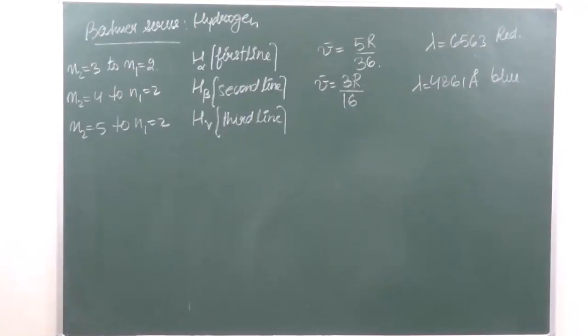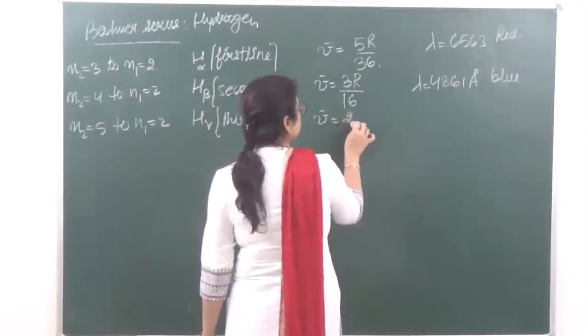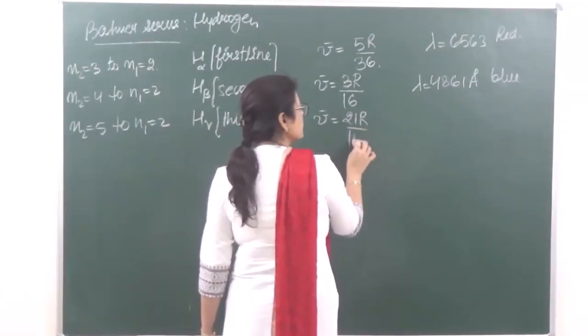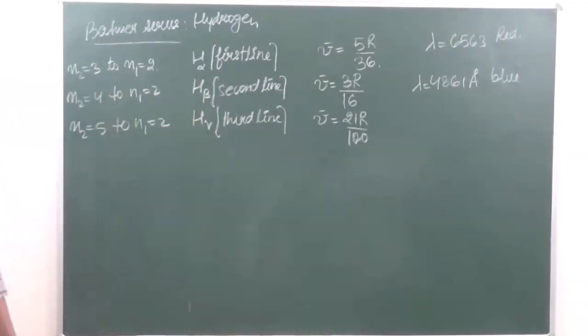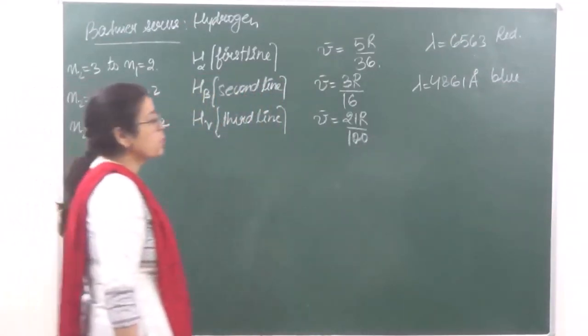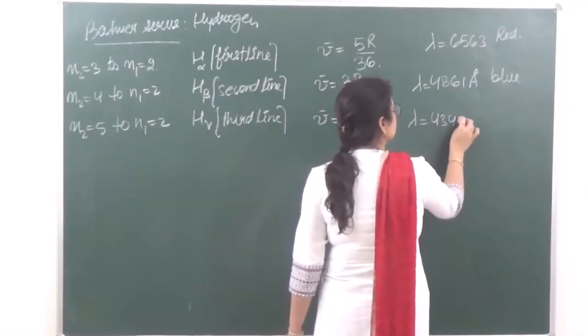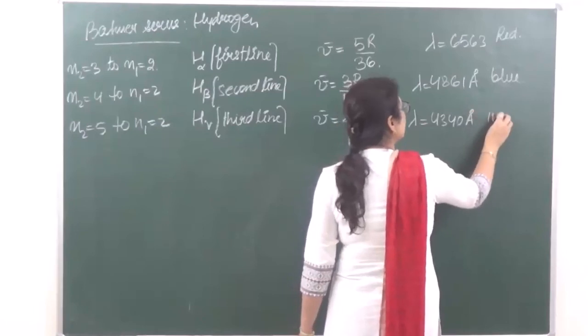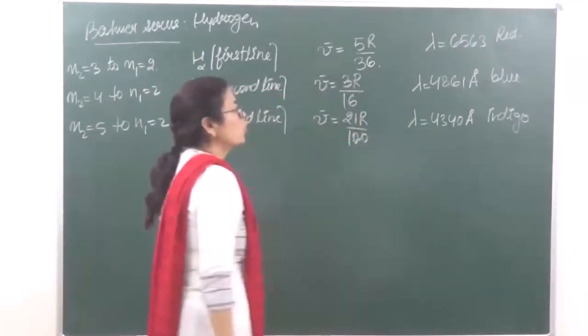This is the third line, and nu bar for this is 21R upon 100, and lambda for this transition is 4340. And the color which we observe is going to be indigo.